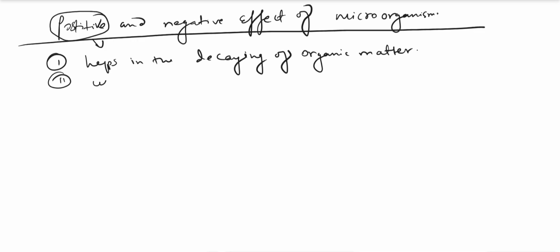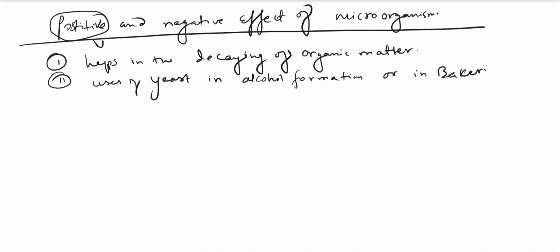Second, uses of yeast in alcohol formation or in bakery. The yeast is used to make alcohol, as well as it helps to make our bread fluffy and spongy, so it is widely used in bakeries also.